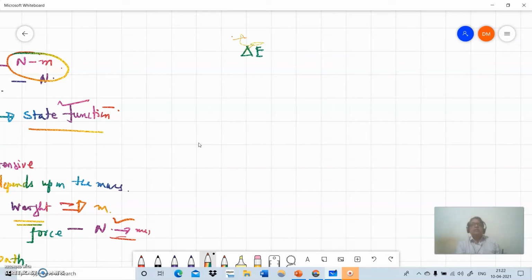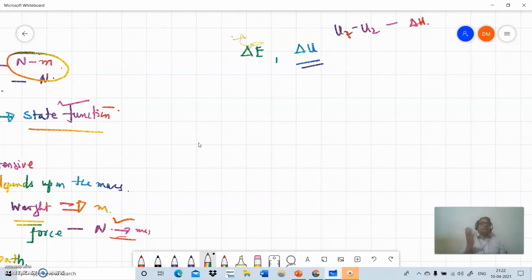Okay, this is internal energy. Delta means a very small difference, U2 minus U1. So in that case it is called the small difference delta U, the change in internal energy from state 1 to state 2.